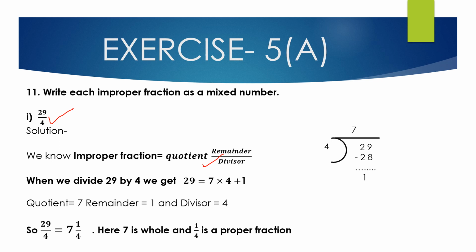29 divided by 4, 29 is the dividend and 4 is the divisor. Then 4 multiplied with 7, we get 28. So 29 minus 28 is 1, and 1 is the remainder and 7 is the quotient.